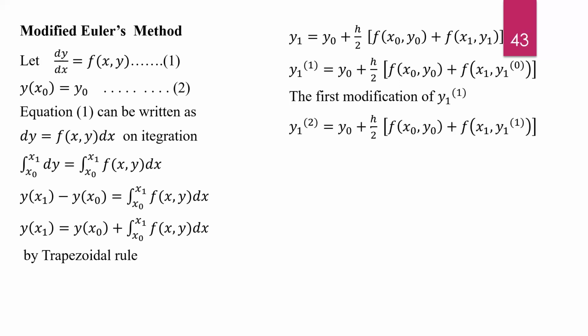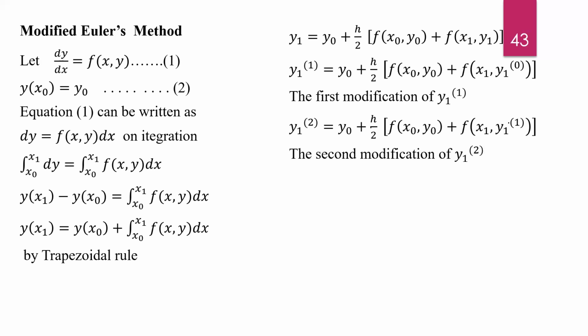Now the second modification, see the power is changed here. Y suffix 1 raised to 2 is equal to y naught plus h upon 2 f at x naught comma y naught plus f at x1 comma y1, and here power is 1.